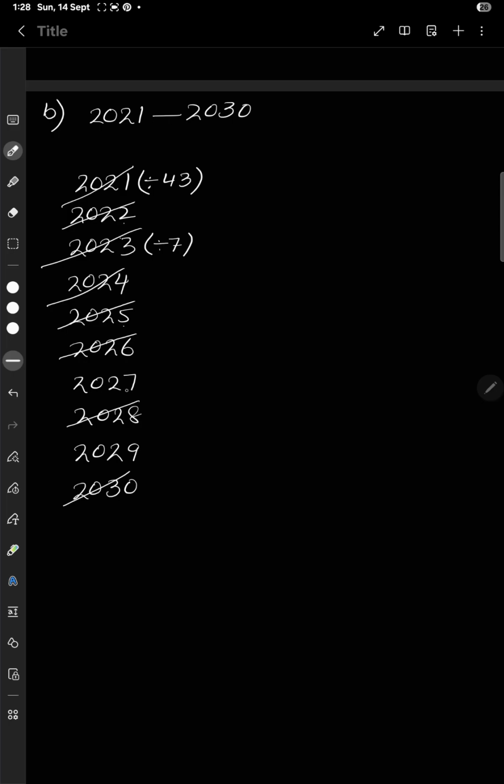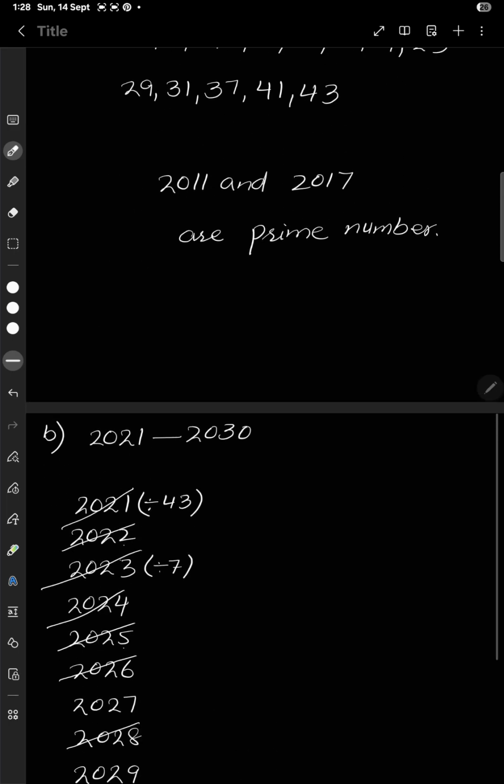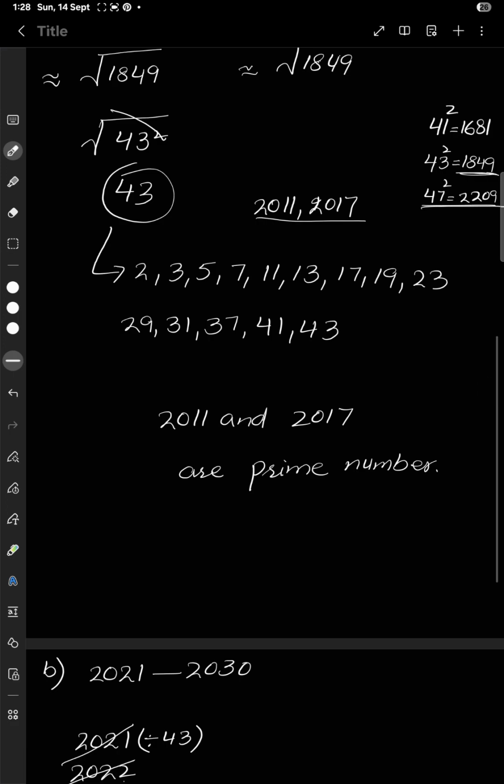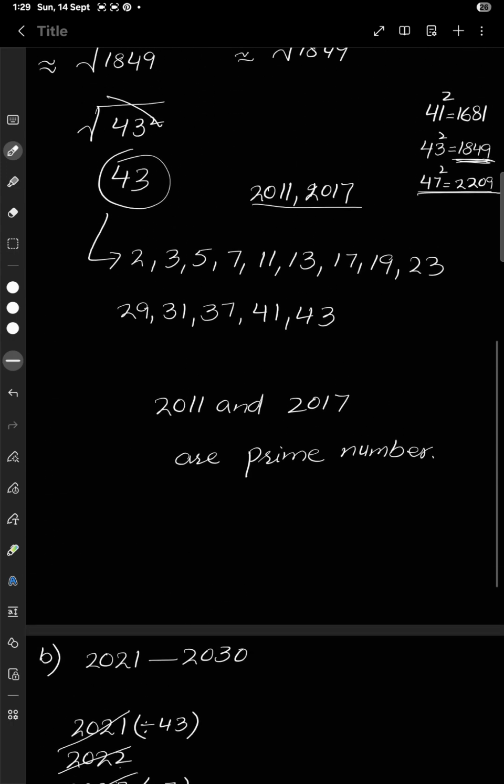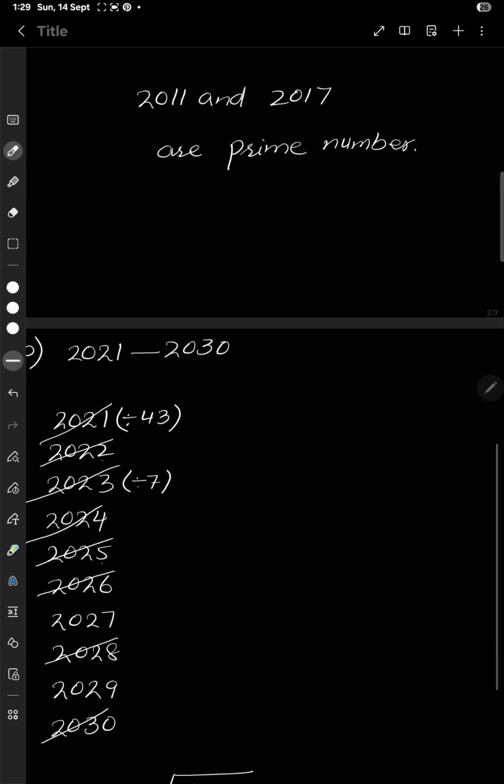Now I will check 2027, to see whether this number is prime or not. I will use the trial division method. Again, I have to take the square root of this number. As I showed you in the last part, 43 squared is 1849, which is close to 2027, because 47 squared is 2209, which is bigger than 2027.